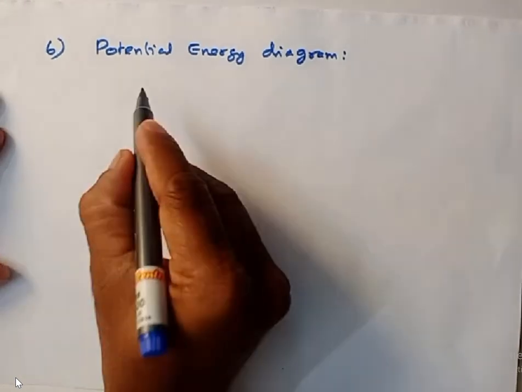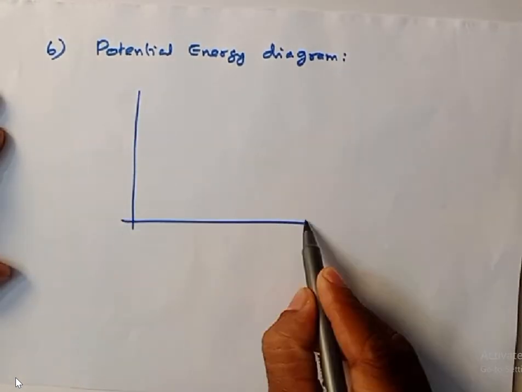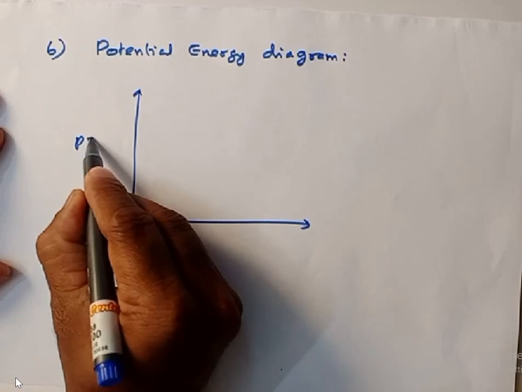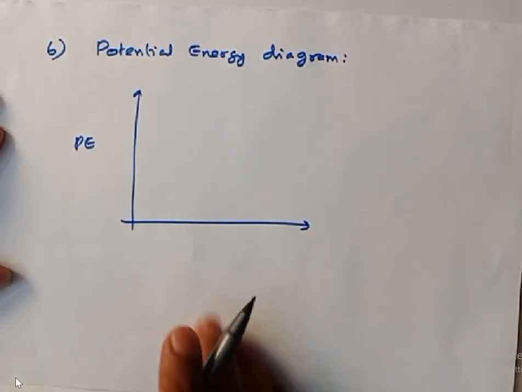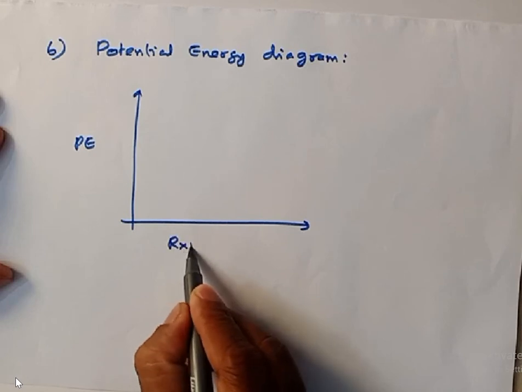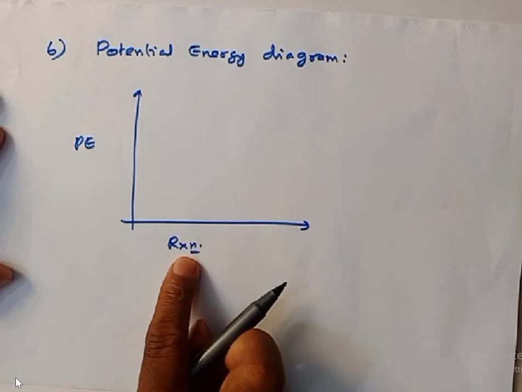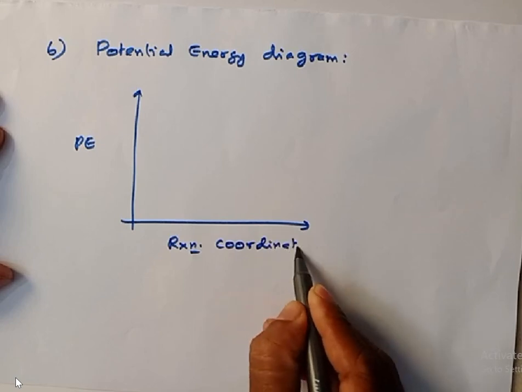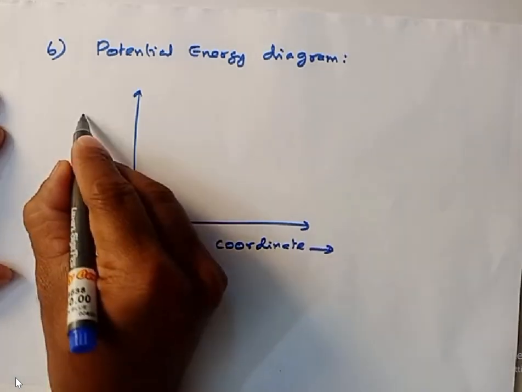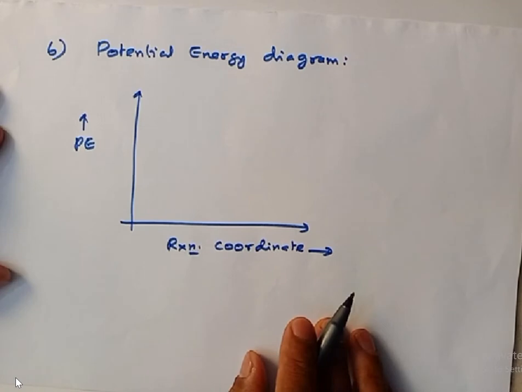How does the potential energy diagram look? If I plot the potential energy of the species involved in the reaction versus the reaction coordinate, students observe this carefully.